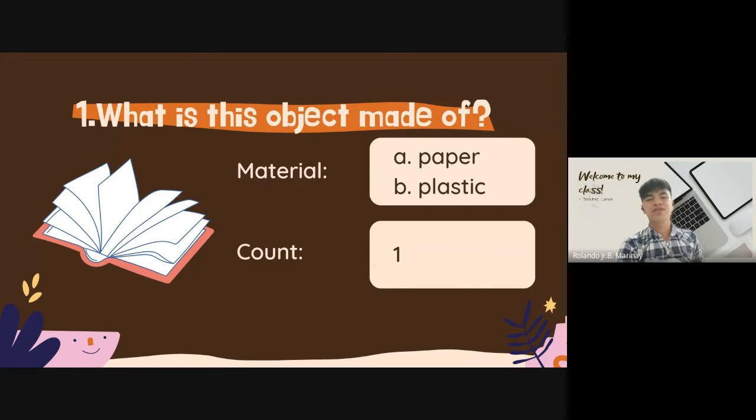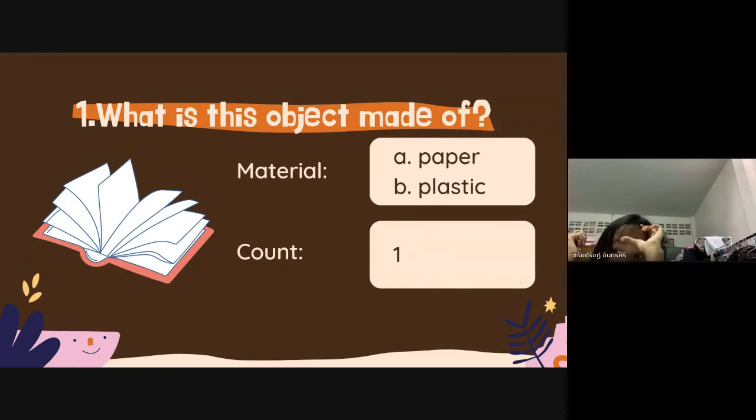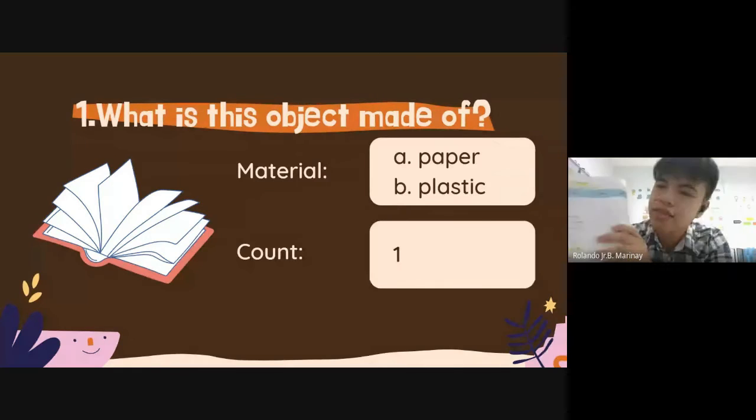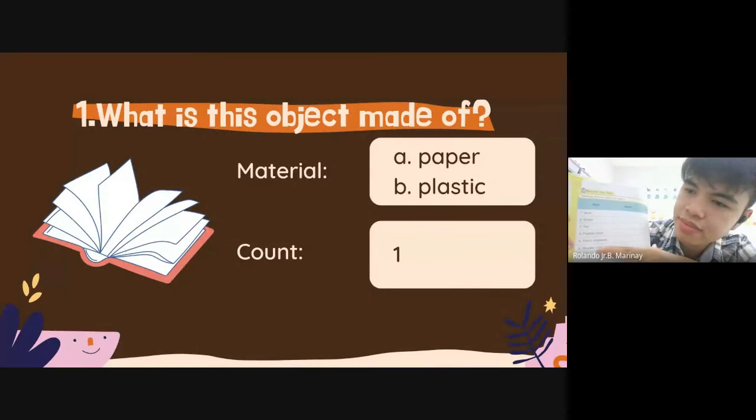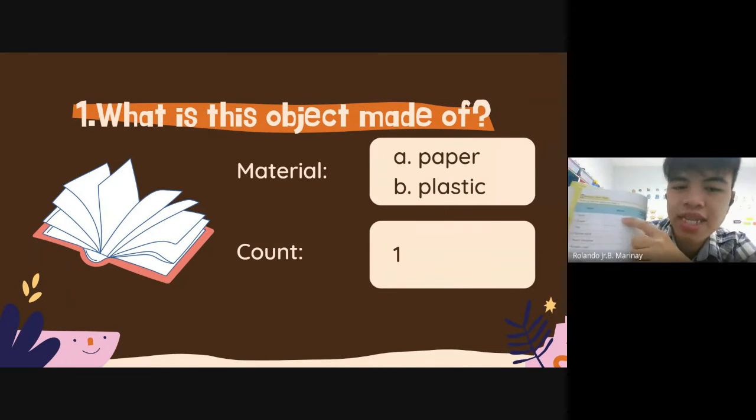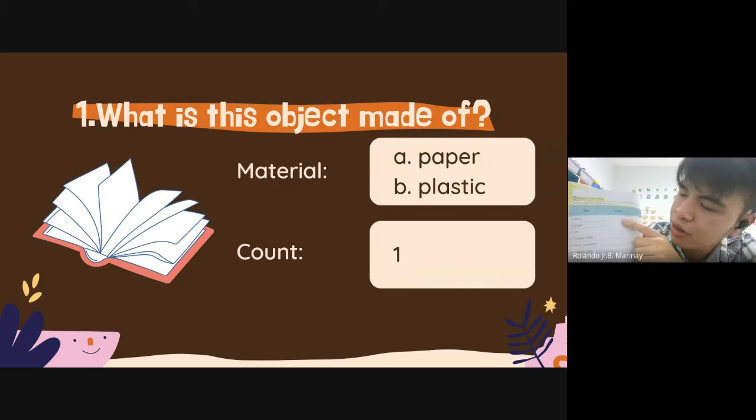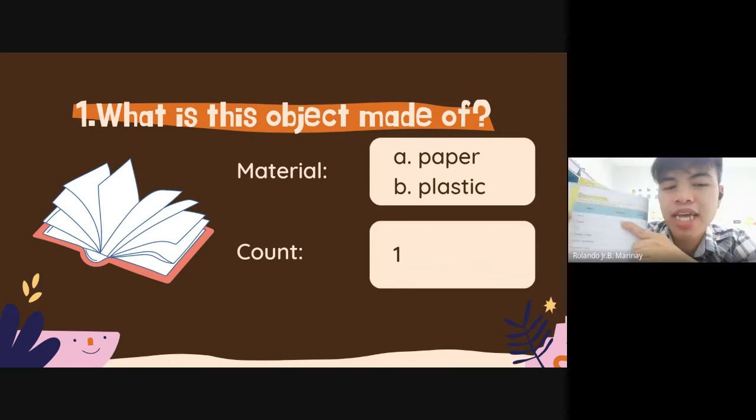We're going to decide in the first part. In the first part, you're going to write the material. So is it A, paper, or B, plastic? For example, in number 1, the answer is letter A, paper.